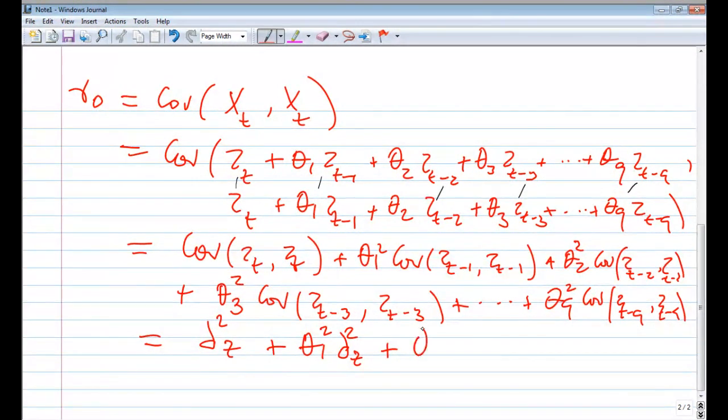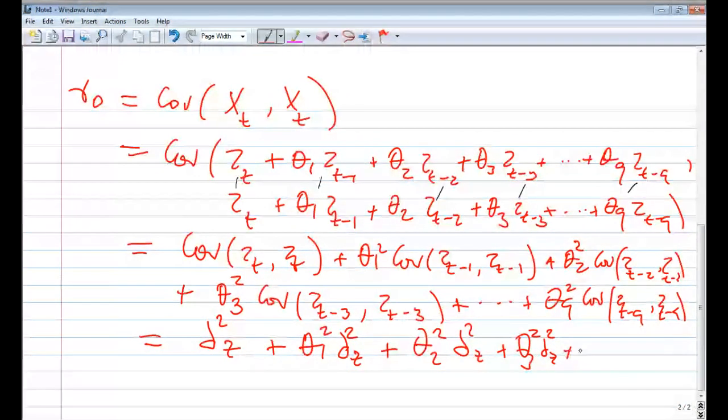The same applies to theta 2 squared, sigma squared z. Theta 3 squared, sigma squared z. Until the last one, theta q squared, sigma squared z. Are we together? I think it's clear now. Yes, sir, it's clear.